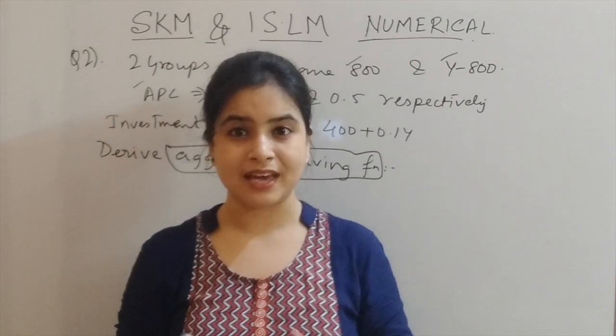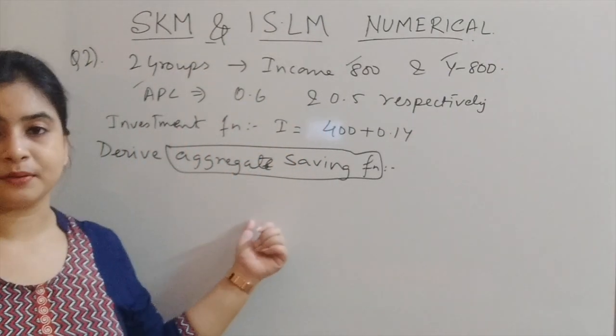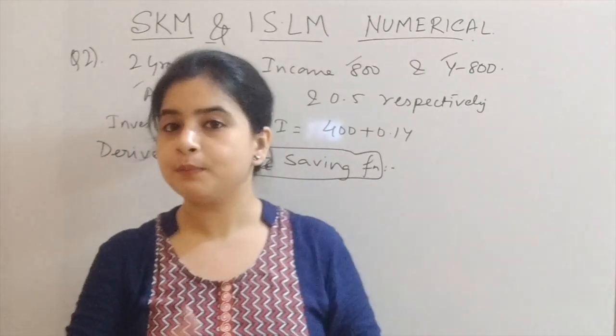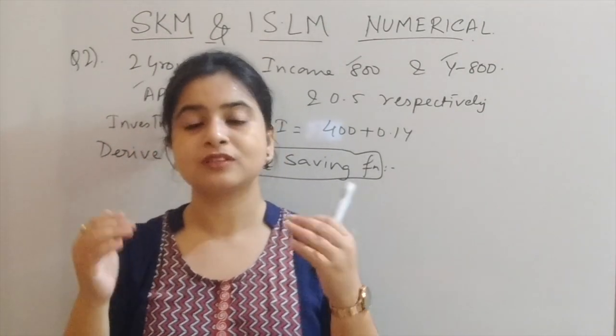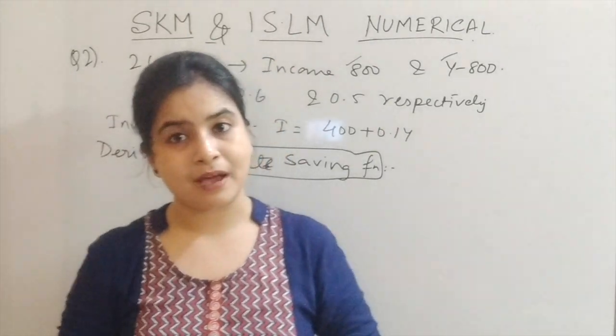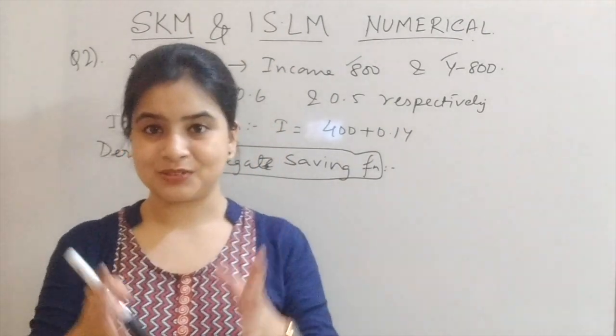Okay, so that is why the word aggregate is there. Otherwise they would have just simply asked for the saving function of a particular group. Okay, so this is how you need to take an approach towards a numerical from macroeconomics. Okay, so let's proceed to the solution.